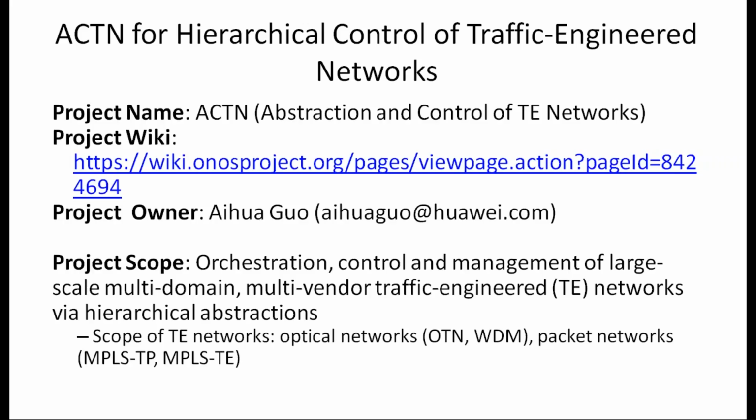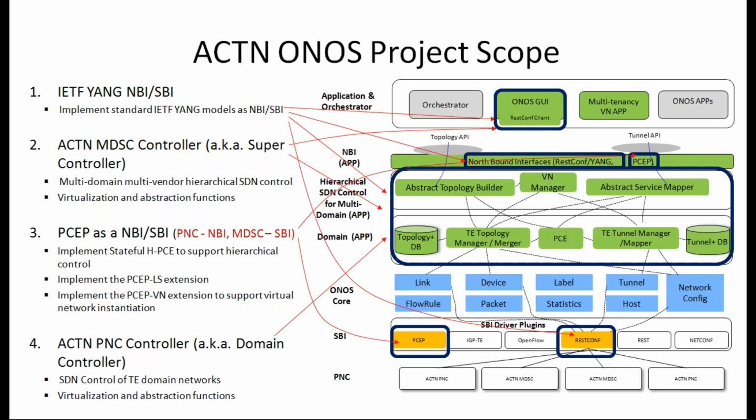In this case, the scope of TE networks is defined to include both connection-oriented optical networks, OTN and WDM technologies, as well as connection-oriented packet networks like MPLS-TP and MPLS-TE. So we are looking to create a common abstraction layer to cover both TE networks in the domain. Great. So this is a review of what we put in place last time for the ACTN project scope.